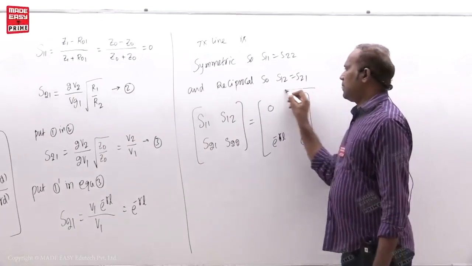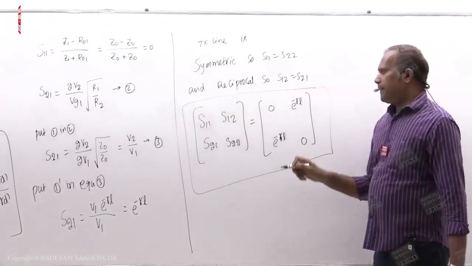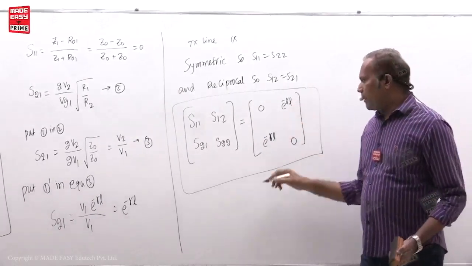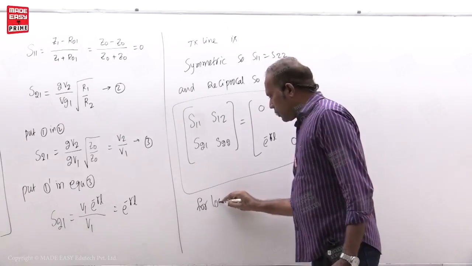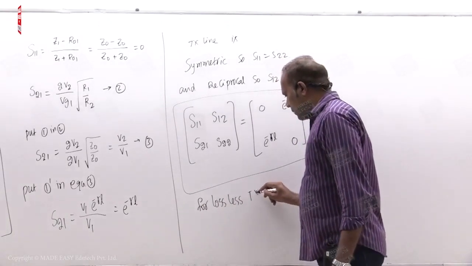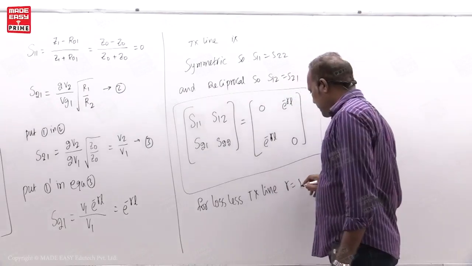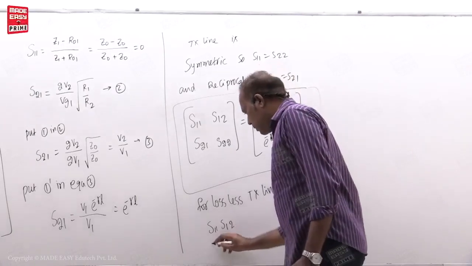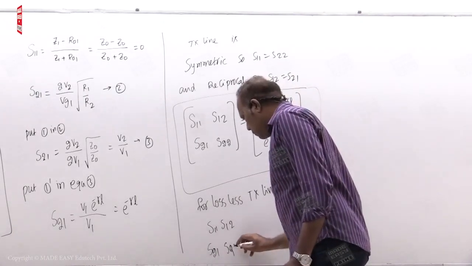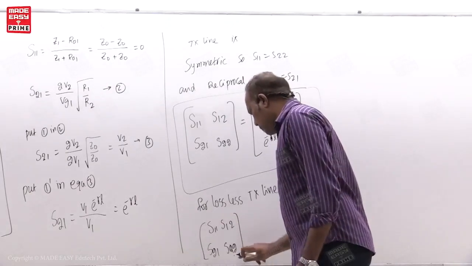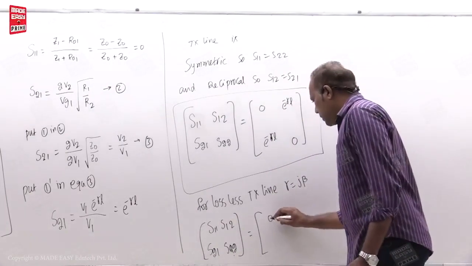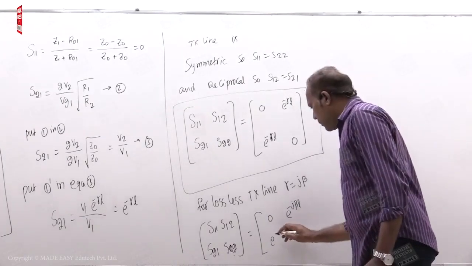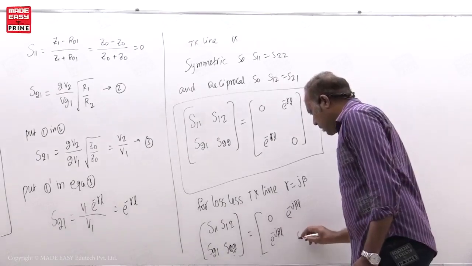It is better you remember this one for the transmission line. But if it is a lossless transmission line, then gamma is equal to j beta. So S11, S12, S21, S22 becomes 0, e power minus j beta L, then e power minus j beta L, 0.